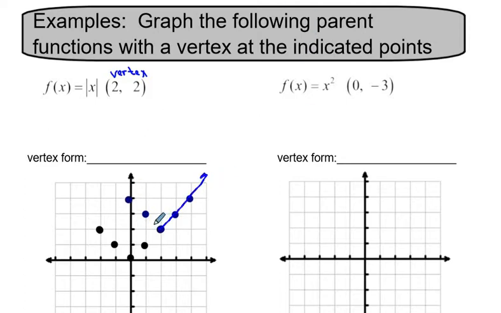It also wants us to now take this point and graph it in vertex form. So vertex form for the absolute value is f(x) equals, and remember this would be h and this would be k, so it would be the absolute value of x minus h, close the absolute value, plus k.